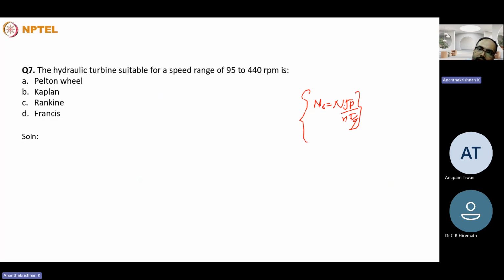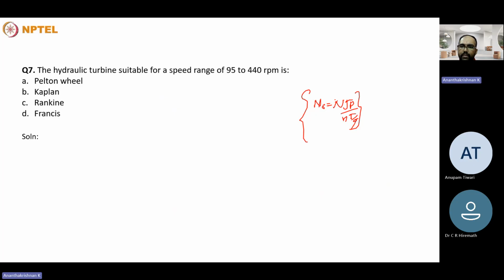The Pelton turbine operates at a higher head, but its discharge is less, so correspondingly the speed at which the turbine rotates will be less. The thing is exactly opposite for the Kaplan turbine.